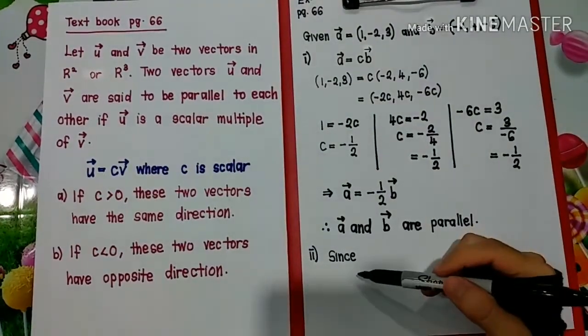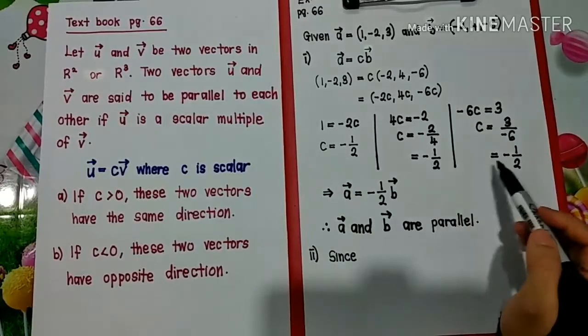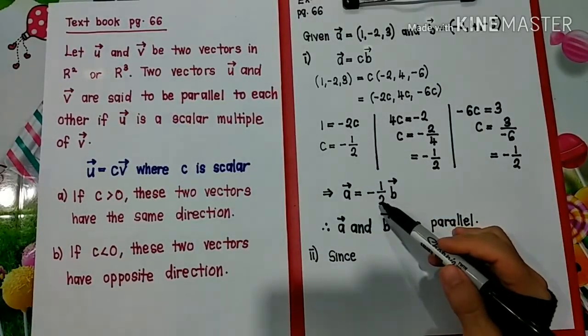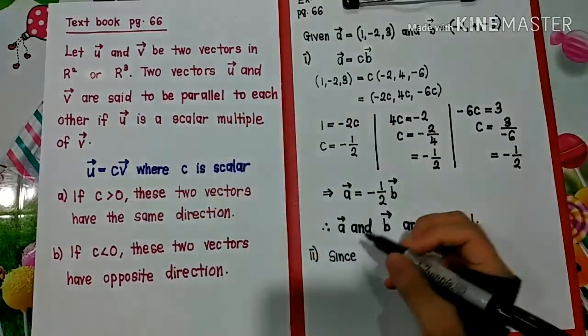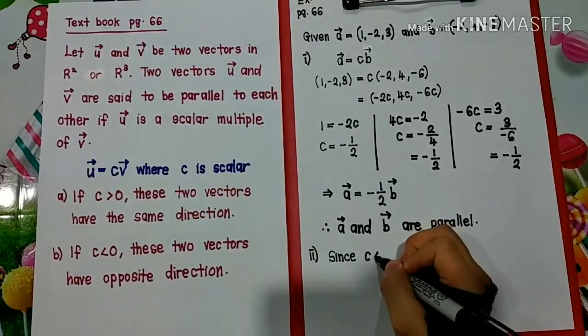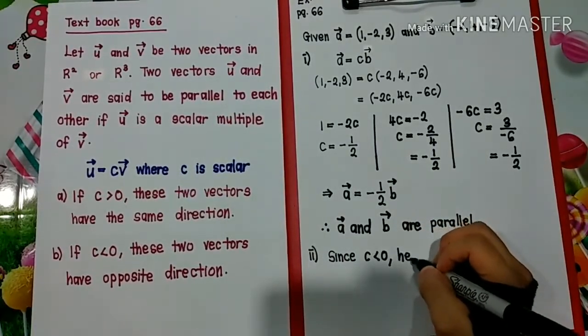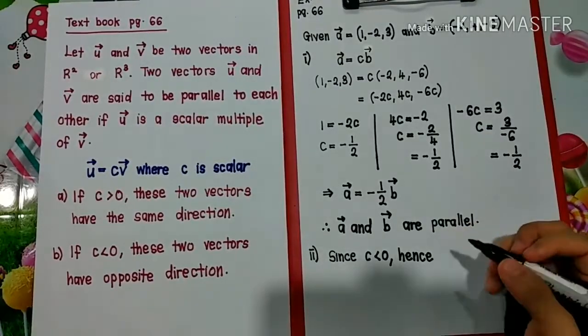Now we can answer this question. Since the value of c that we get is -1/2, which is less than 0, these two vectors have opposite direction.